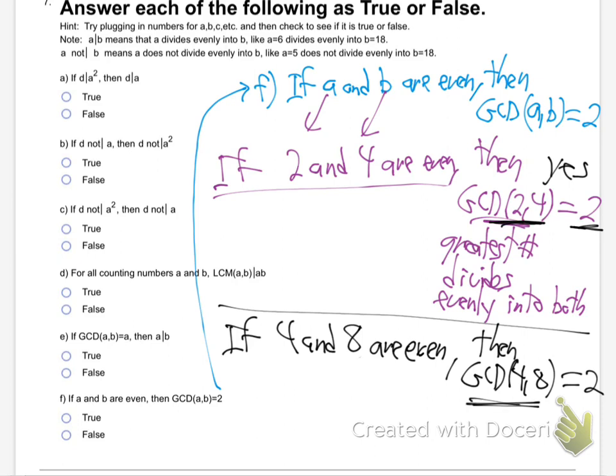Is it? What's the greatest number that goes into 4 and 8? It's 4, not 2. So no, this is false. It's not always true, even though it was true sometimes. That's what makes these so hard, is you got to find out if they're always true or not.